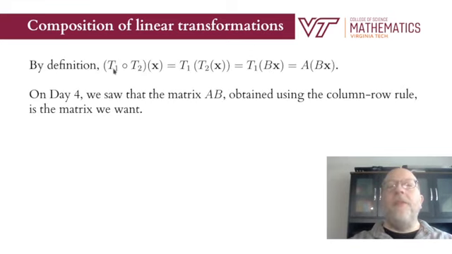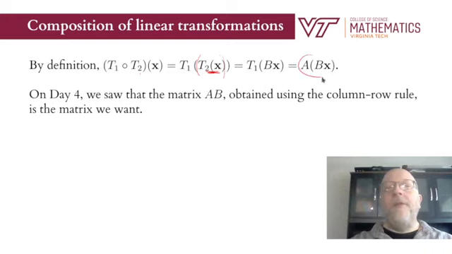Well, by the definition, T1 composed with T2 of x is T1 of T2 of x. We plug x into T2, then we plug that answer into T1, but T2 of x is B times x, and then T1 is A times B of x.